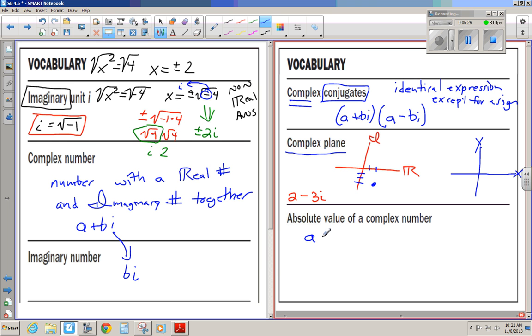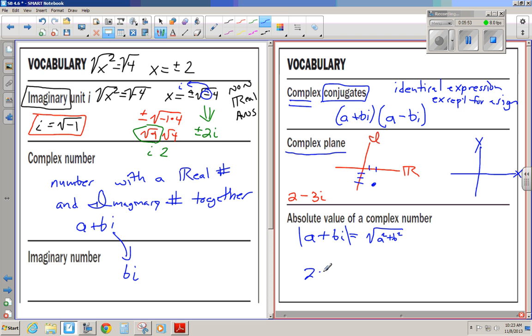The absolute value of a complex number, a plus bi, is equal to the square root of a squared plus b squared.